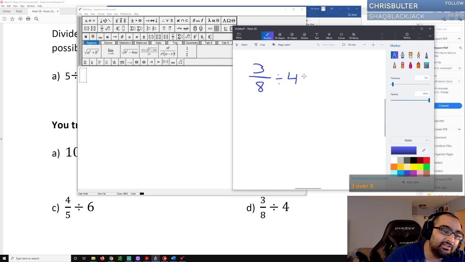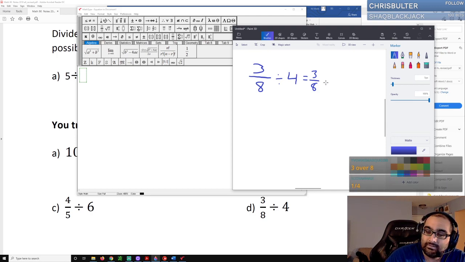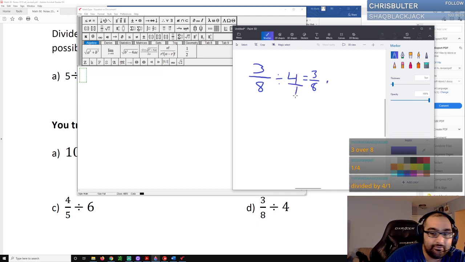3/8, okay, agree, that's 3/8. Then what? What should this be? Times 1/4, good. That'd be divided by 4/1, right? And so that should be times 1/4. Both answers are correct.